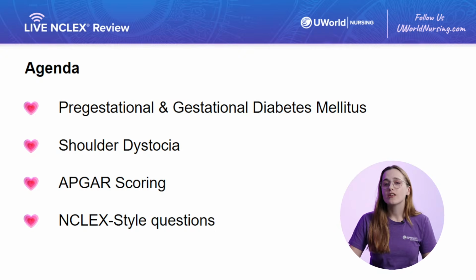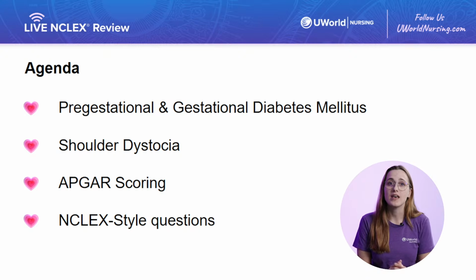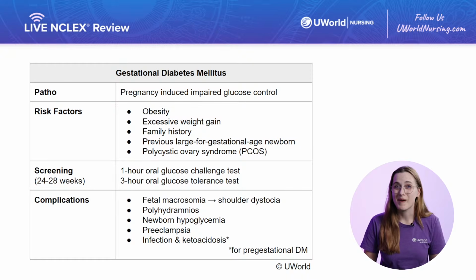So regardless of risk factors or not, some clients will just get gestational diabetes, even if they're completely healthy. But we do know that there are several risk factors that contribute to this diagnosis. Common risk factors associated with gestational, remember that pregnancy-induced diabetes, are going to be obesity. So all of you guys were on point with that. So we want to think that BMI greater than 30.